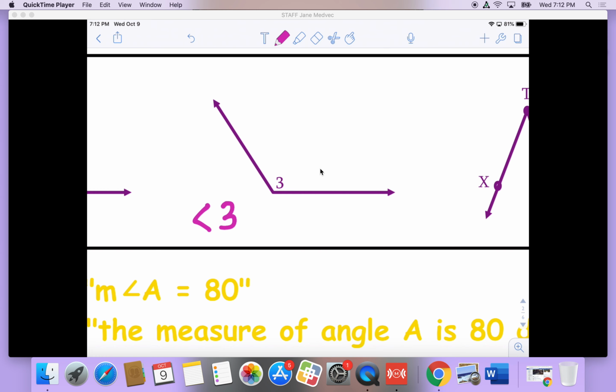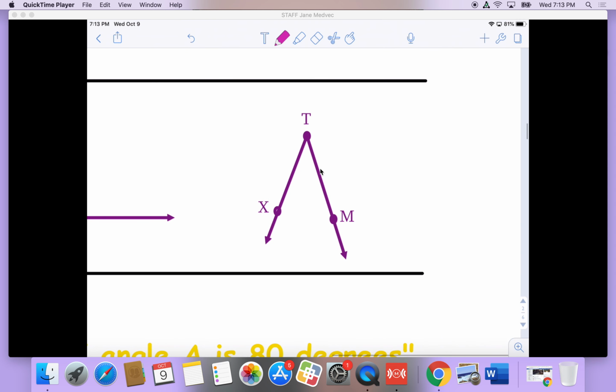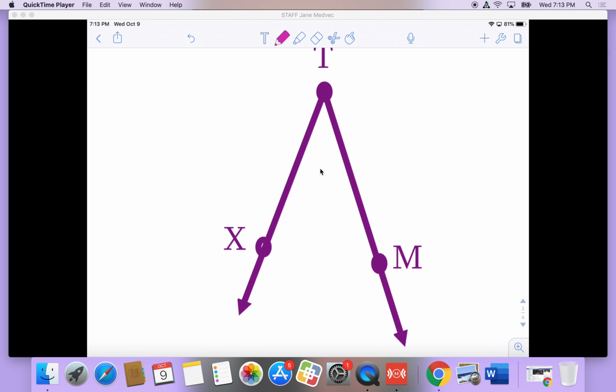Now, when you do this on an exam or any kind of example, if they don't give you a number, don't just put a bunch of numbers in there and label them yourself, unless they don't have letters associated with the angle. So for example, on this example, you wouldn't put a number 4 in there and say angle 4. I would want you to label this a little bit differently.